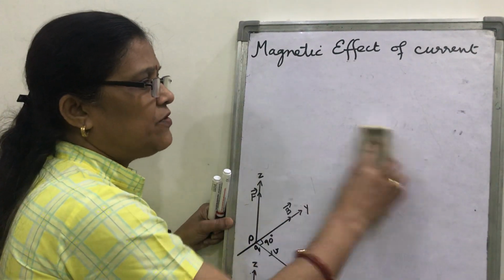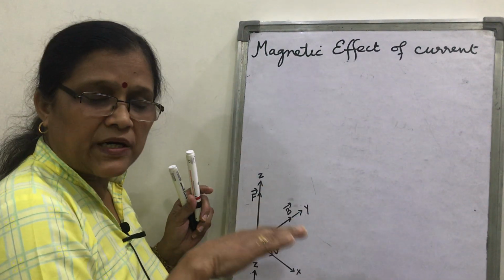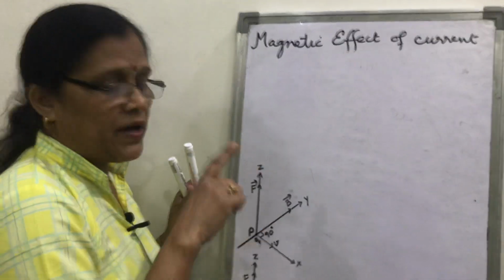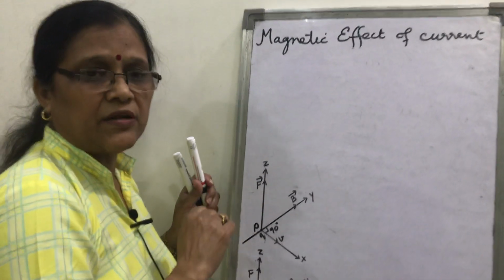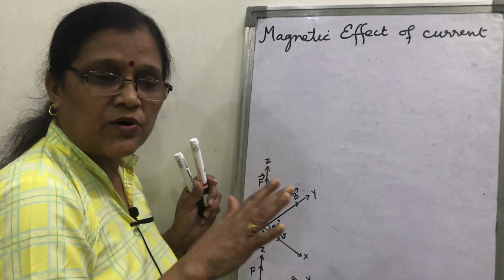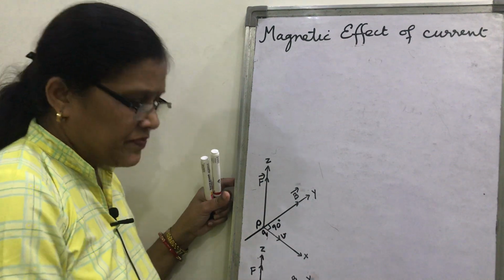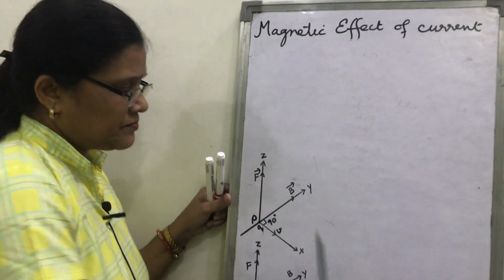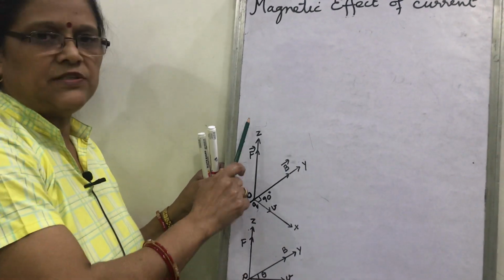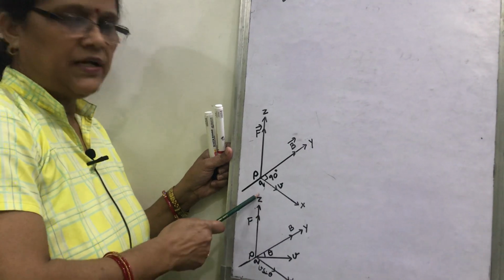Today's topic is that whenever a charged particle is in motion, it produces a magnetic field, but what happens when it moves in an external magnetic field? This is the Lorentz force. I have shown in this figure three axes: this is x, this is y, this is z, in both figures.